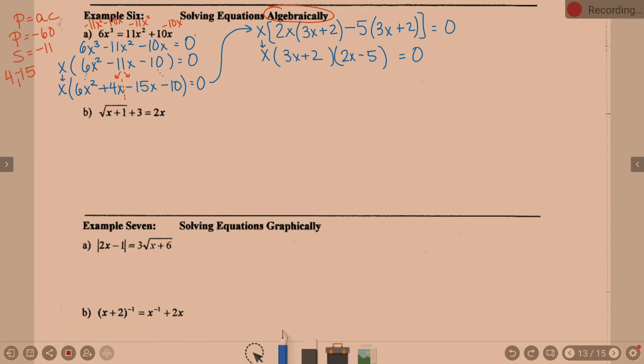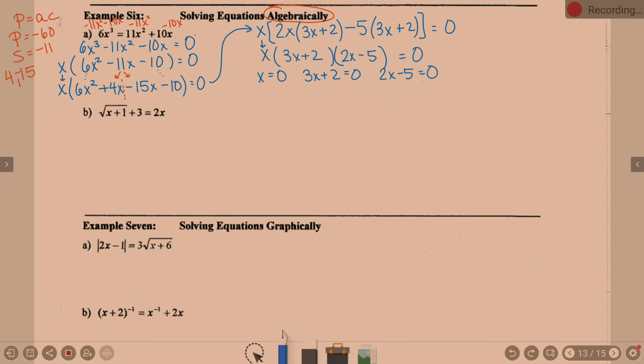Am I done? No, we're told to solve. X equals what? So what do we do here? Yeah, set each part equal to 0. There are 3 pieces multiplying, so we're going to set each of these 3 parts equal to 0. So we're going to have x equals 0, 3x plus 2 equals 0, and 2x minus 5 equals 0.